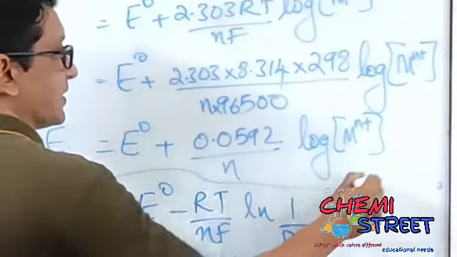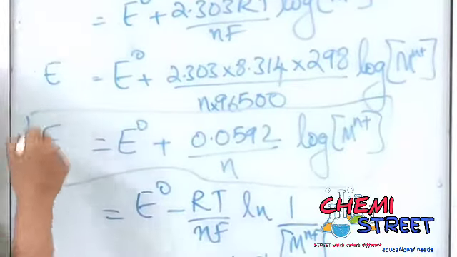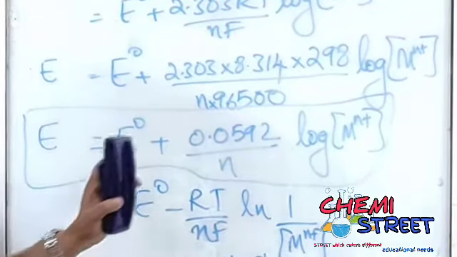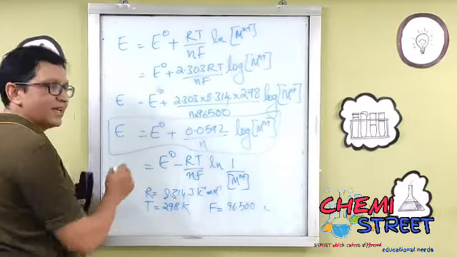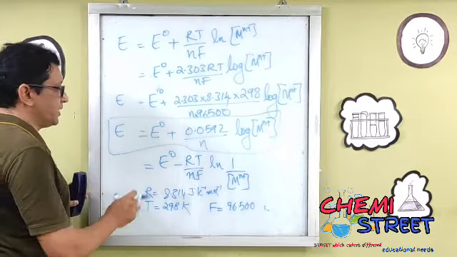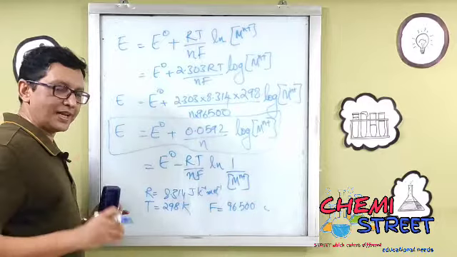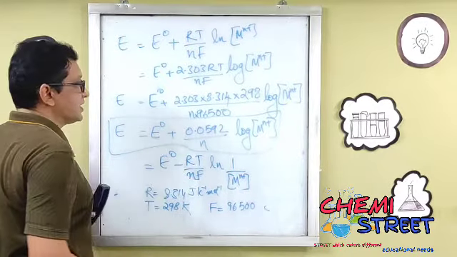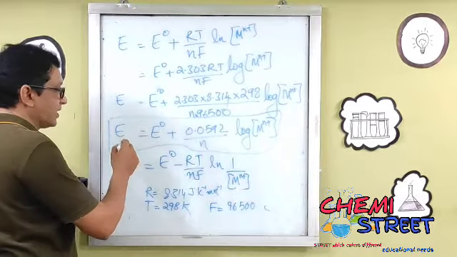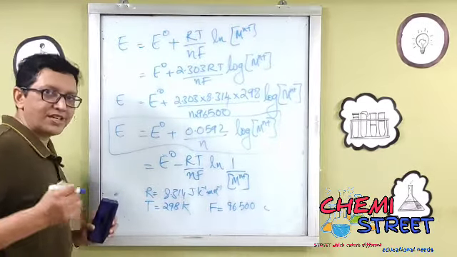So this is known as the Nernst equation for the single electrode, where E is the single electrode potential and E0 is the standard electrode potential. By using this you can straight away calculate E. So it gives us the relationship.